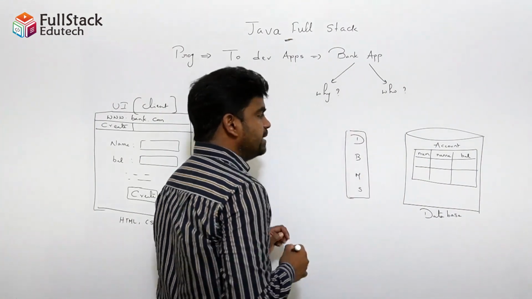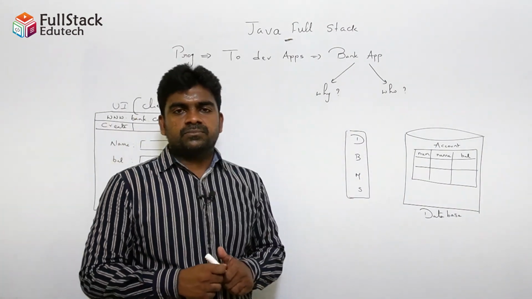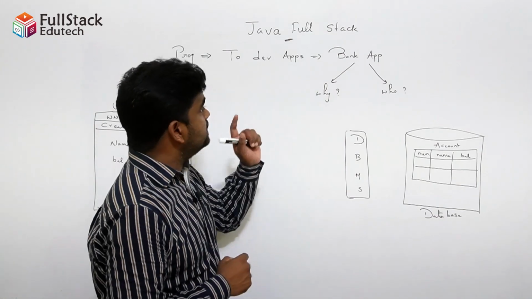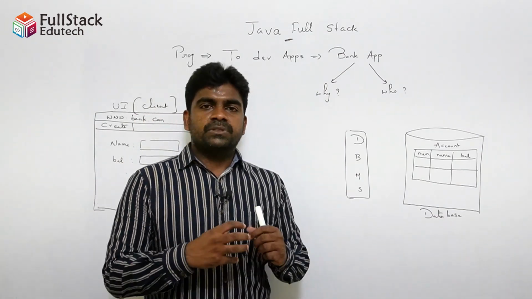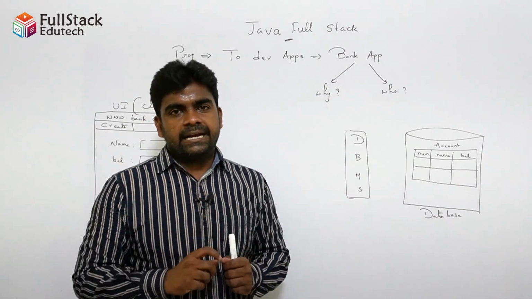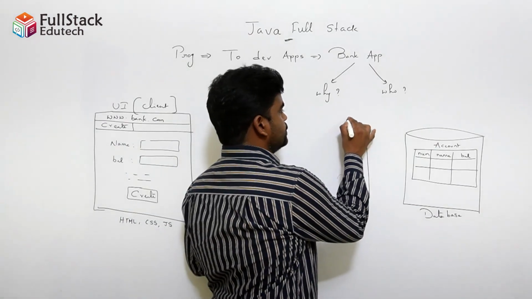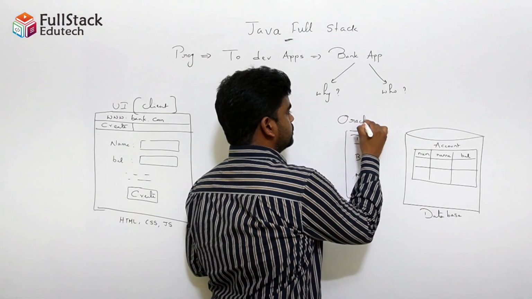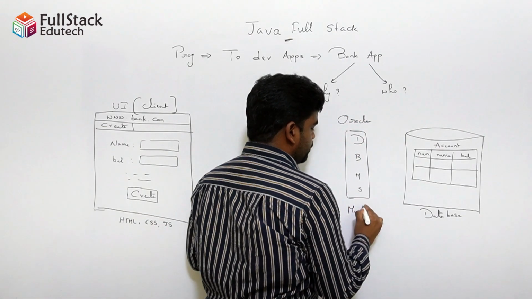So many DBMS software products are there. As a Java developer, in Java full stack development, here we will learn two database management systems. The first one is Oracle. The second one is MySQL.